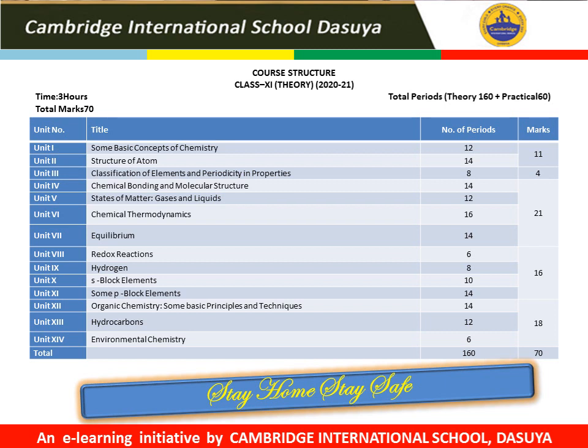Then Redox Reactions, Hydrogen, s-block, p-block together constitute 16 marks, and the last 3 chapters, that is Organic Chemistry, Hydrocarbons, which is also part of organic chemistry only, and Environmental Chemistry, all of them together make up 18 marks. So overall we'll have 70 marks of chemistry.